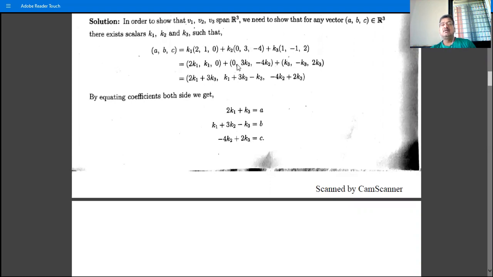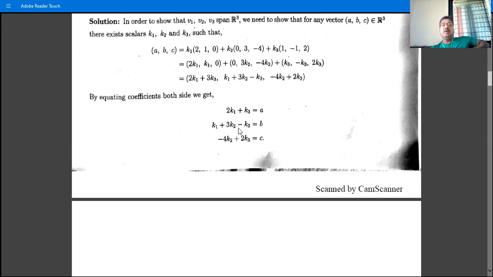Then k1 + 3k2 - k3, the second. Then 0 - 4k2 + 2k3. Then equating the coefficients, we have 2k1 + k3 = a, k1 + 3k2 - k3 = b, and -4k2 + 2k3 = c.